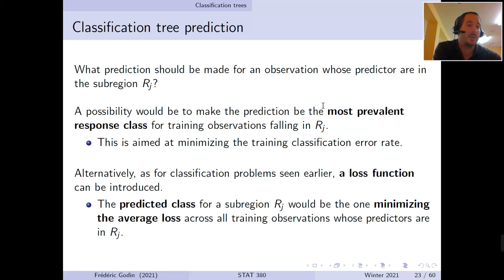Instead of minimizing the error rate, we might minimize the expected or average cost of misclassification within a region to come up with a prediction. So again, either we can minimize the error rate by picking as prediction the most prevalent class, or we could pick the class which minimizes the average cost within that region.